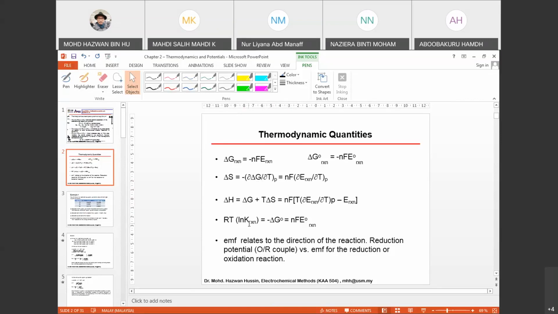And finally, you can also relate the rate of reaction, where RT ln K is equal to negative delta G, which is also equal to nFE.